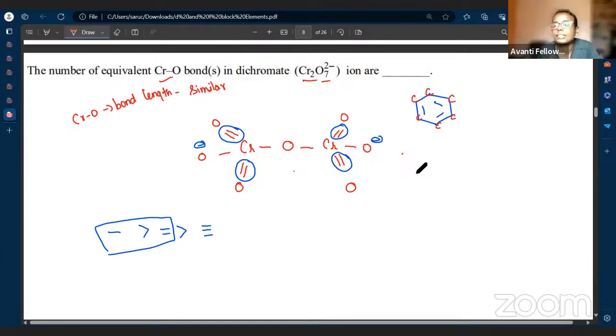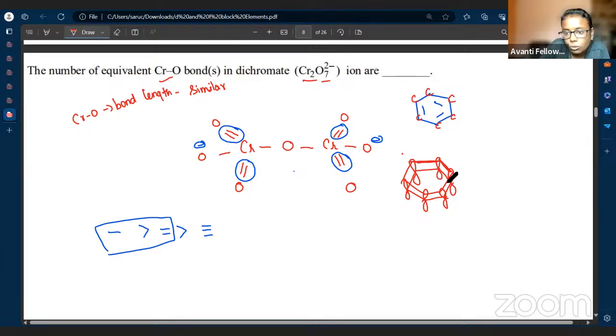Due to resonance. Very good. So we know that when I take the pi orbital, pi overlapping, these 2 orbitals can also overlap. So what happens over here is that there is delocalization of pi electrons.